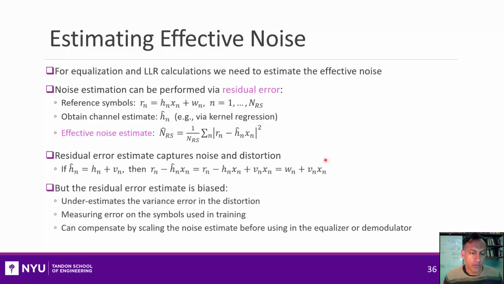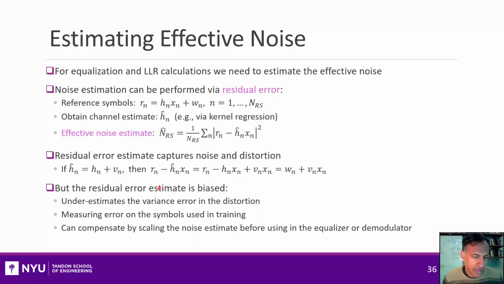The problem, though, is that the residual error will be biased. I won't have the chance to go into the math of this, but because you're actually measuring the residual error on the same symbols on which you fit the model, you actually slightly overfit a bit of that noise. So the variance component of that error will be slightly underestimated, and the amount it's underestimated depends on how many symbols you're averaging.